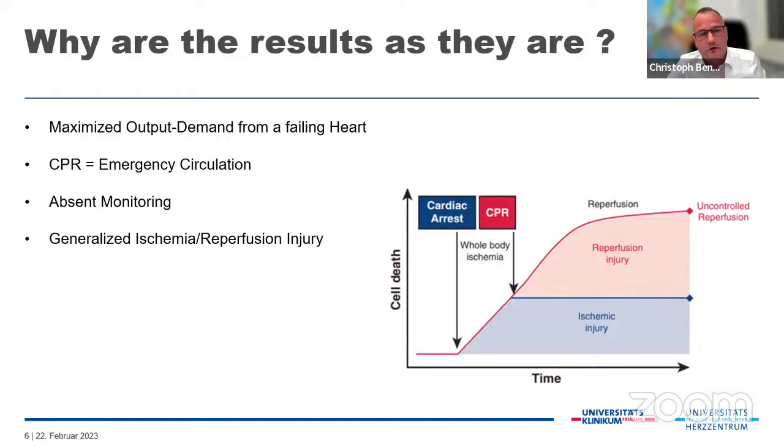And the question, of course, is why are the results as they are? We have a maximized output demand from a failing heart on the one hand side. CPR always means emergency circulation. We have no monitoring most often, and there is a generalized ischemia and reperfusion injury starting directly with the cardiac arrest.